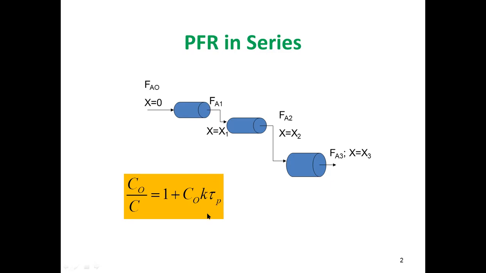This one is the total residence time of your processed feed in all three reactors. So this is already the total residence time, okay, the tau p for our PFR in series.